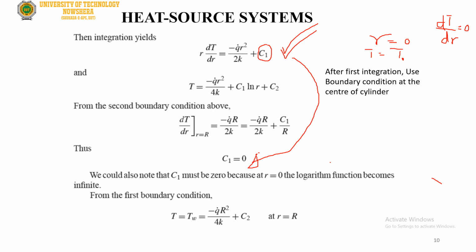Now boundary condition number 2 is that when r is equal to the radius of the cylinder, temperature is Tw. This boundary condition we will use after second integration.